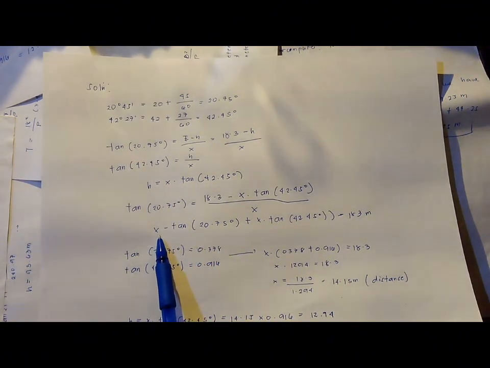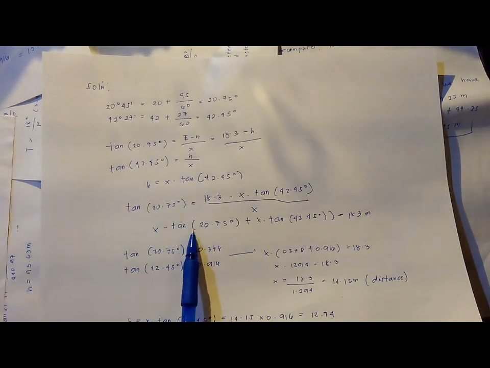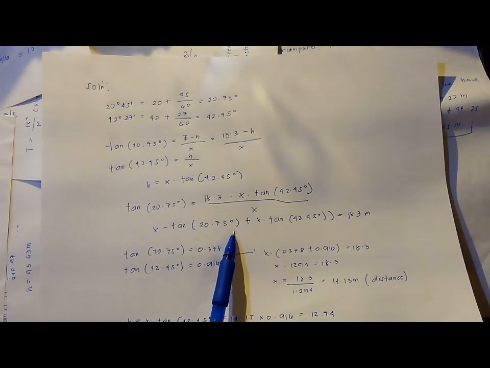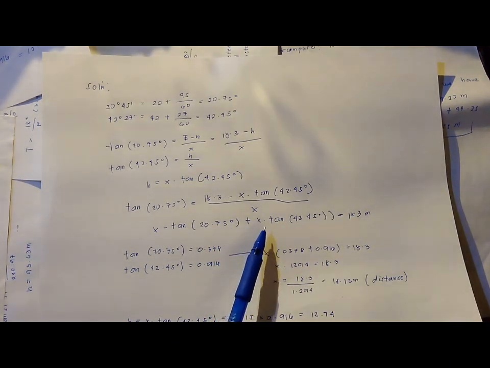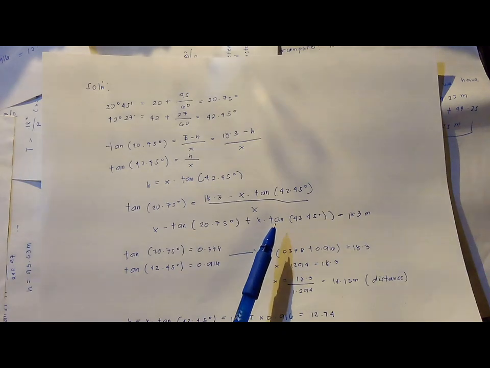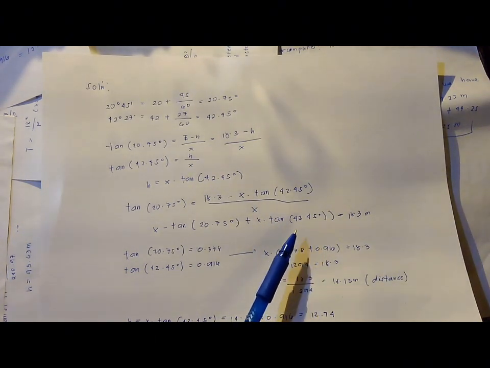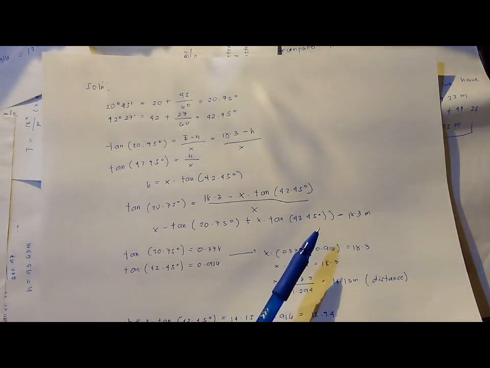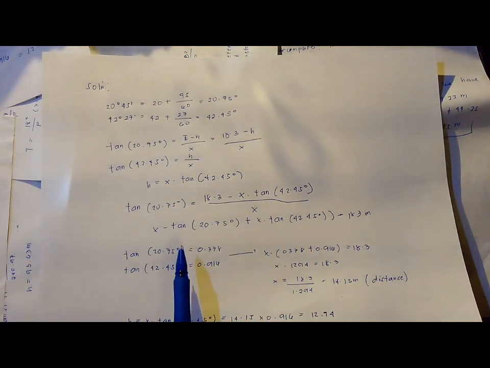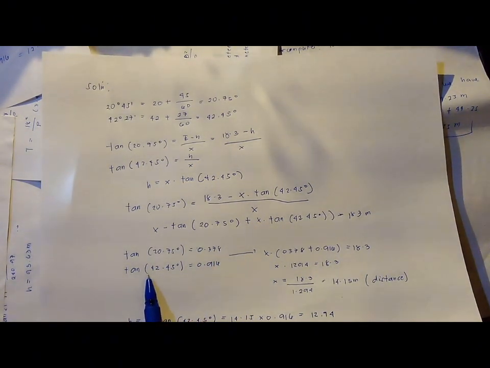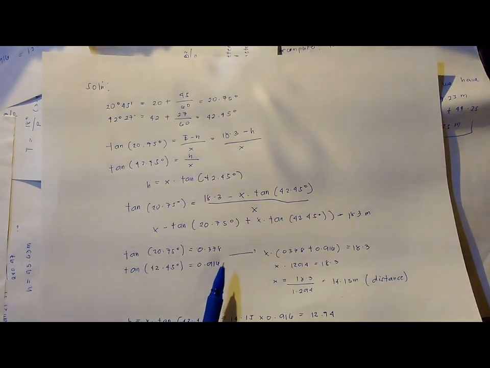So we have X times tan 20.75 degrees plus X times tan 42.45 degrees equals 18.3 meters. Tan 20.75 degrees is equal to 0.378, and tan 42.45 degrees is equal to 0.916.